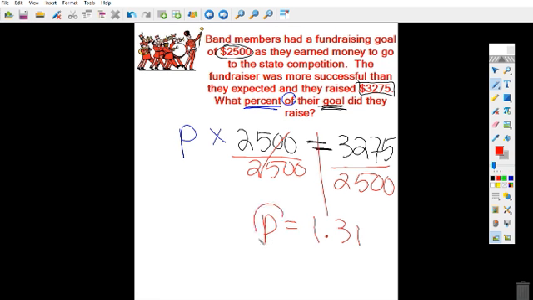But remember, we were asked for a percent. So you have to move the decimal 2 places. Your final answer should be 131%. All right? 131%. It makes sense. It's over 100 because they raised more than their goal.